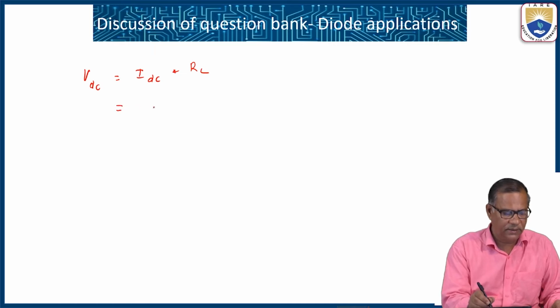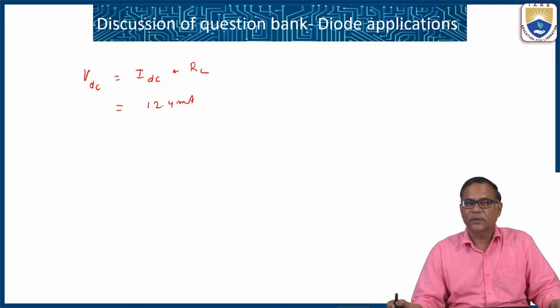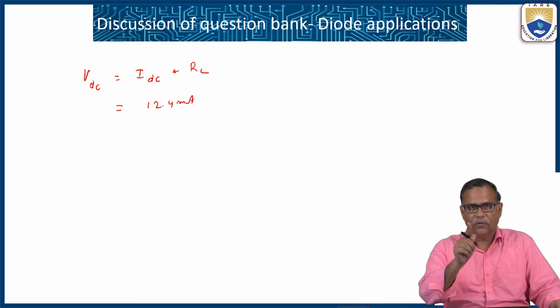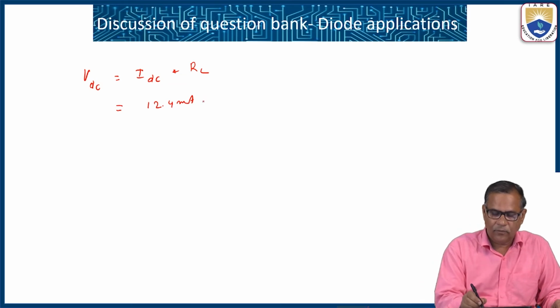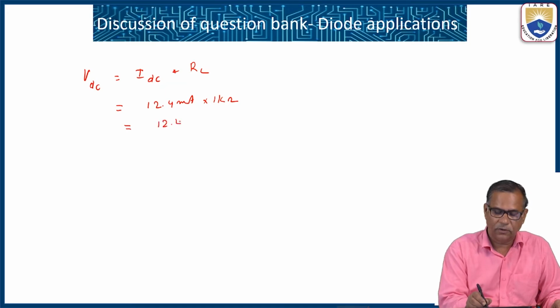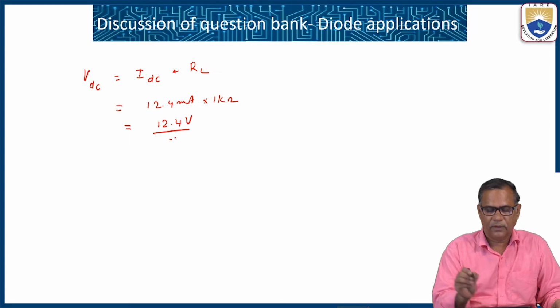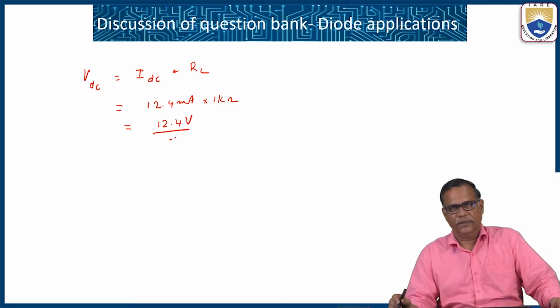So IDC is 12.4 milliamperes and RL is the load resistance, which is given as 1 kilo ohm in the problem. So here we get the DC voltage as 12.4 volts. That is the DC voltage.